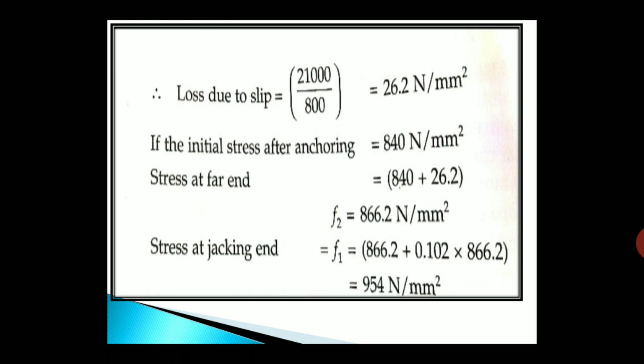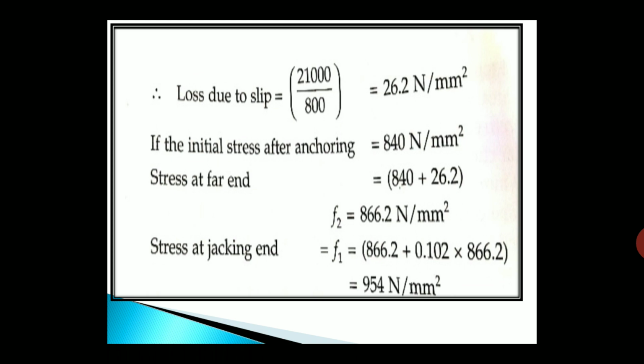Now, the stress at the jacking end has to take into consideration the losses, which include your anchorage loss as well as loss due to friction.